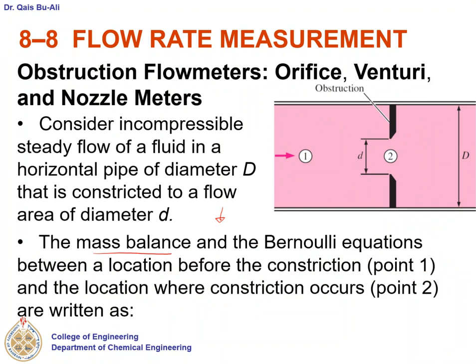So I can apply mass balance and Bernoulli equation between the location before the constriction, point 1, and the location where the constriction occurs, point 2. I can apply mass balance and energy balance between these two points, and then I can hopefully find something of interest to me.